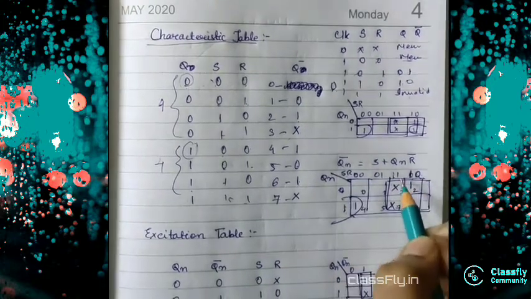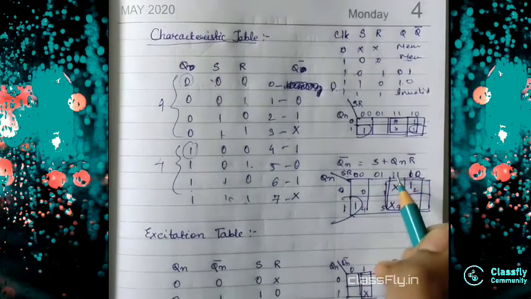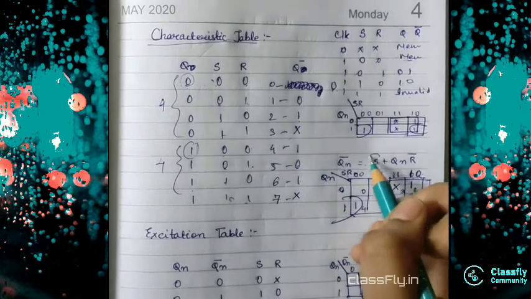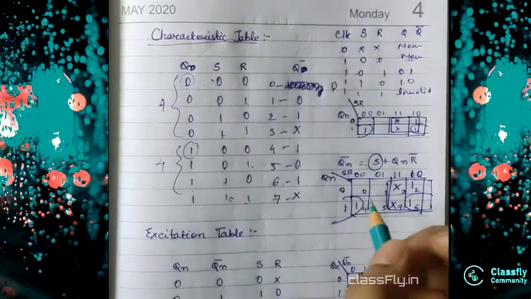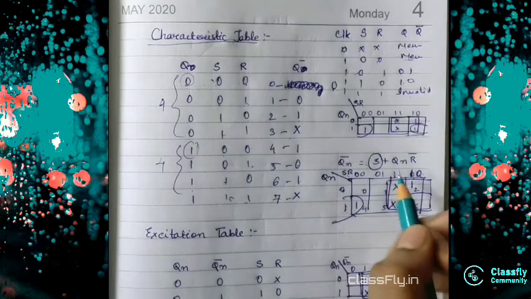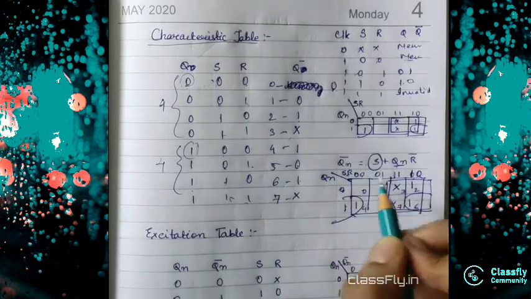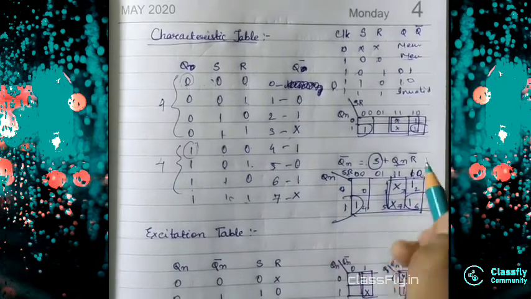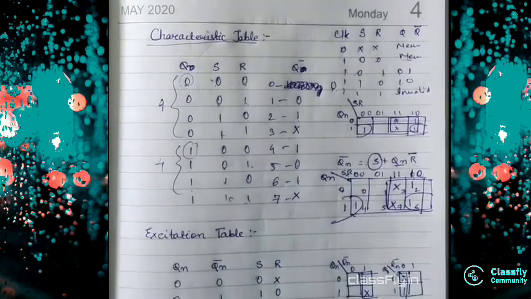This is 1 0, so that means R is changing from 1 to 0. So as S is not changing, so we will take S for this grouping. And for this grouping, we can see that the QN is not changing, so we will take QN, and R is not changing, it is 0 and 0, so I will take R bar because 0 is the complemented form.